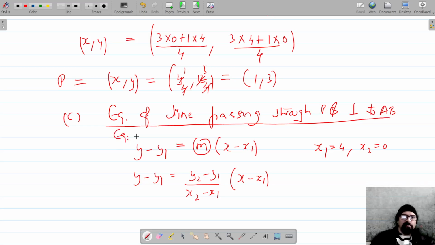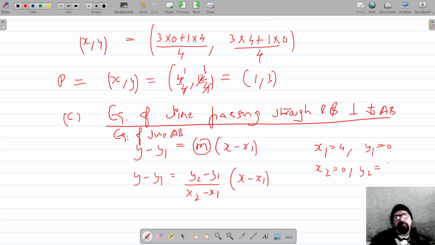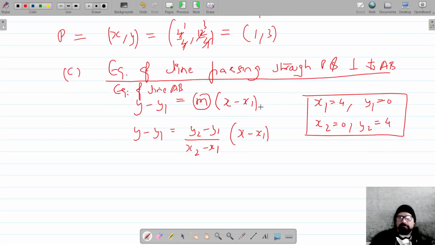So for it, x1 is equal to 4 and y1 is equal to 0, and x2 is equal to 0 and y2 is equal to 4. These are the values that we are going to put here.